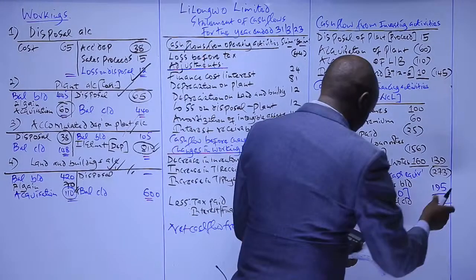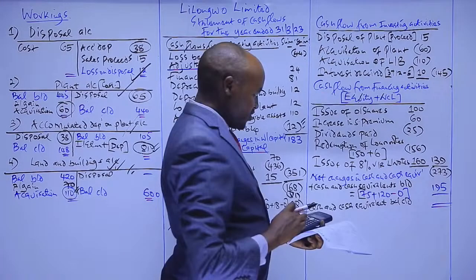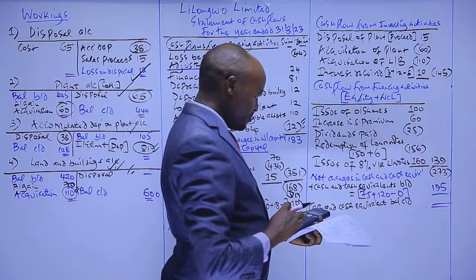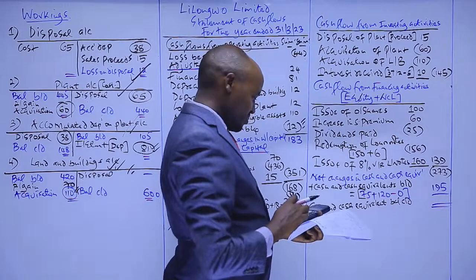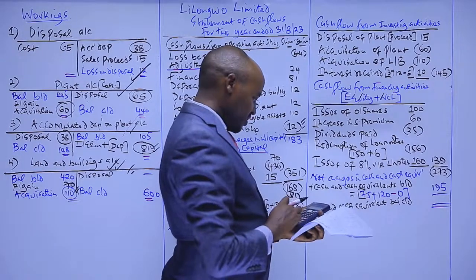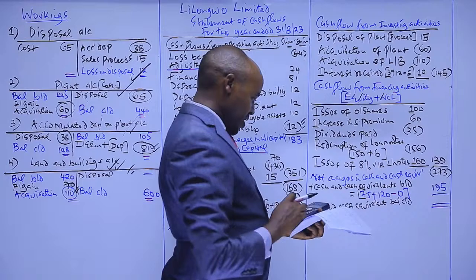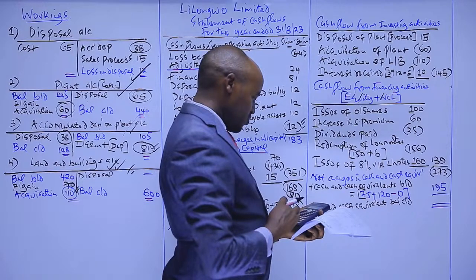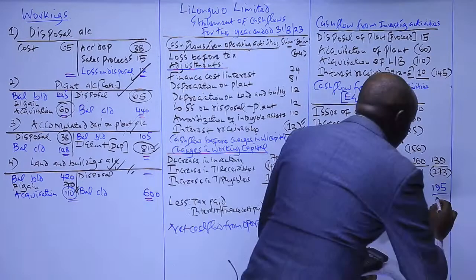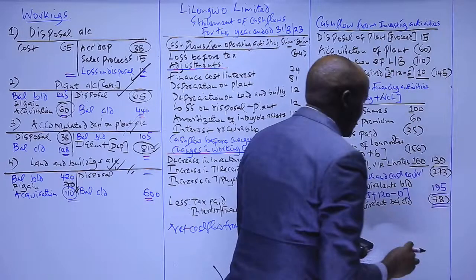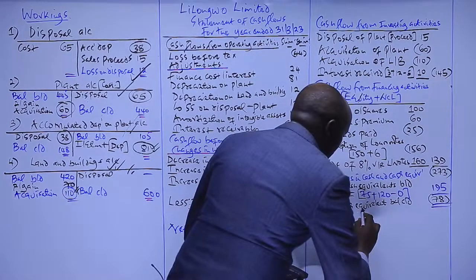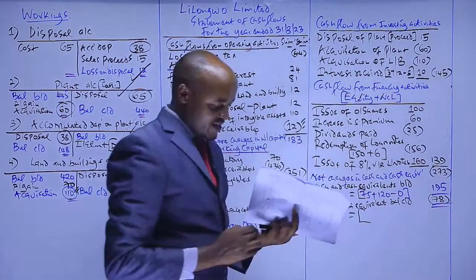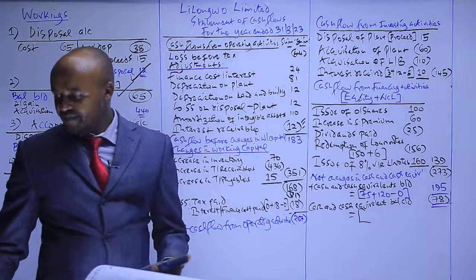So we have negative 273 plus 195. Okay, negative 273 plus 195. So this will give us negative 78, and actually this one should be the same with the cash and cash equivalent in the statement of financial position.